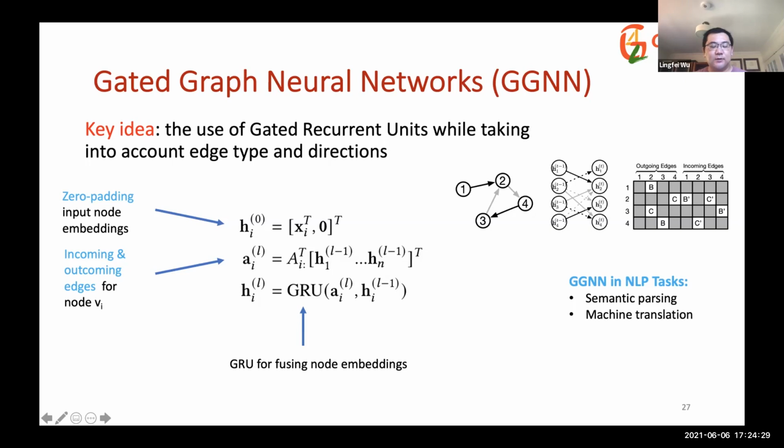And once we get the message information for a node, we can apply the gated recurrent unit to fuse the information together to generate a new node embedding. The gated graph neural network is one of the earliest modern deep learning techniques for operating on graphs, and it has been used in quite a few NLP tasks, for example, semantic parsing and machine translation.